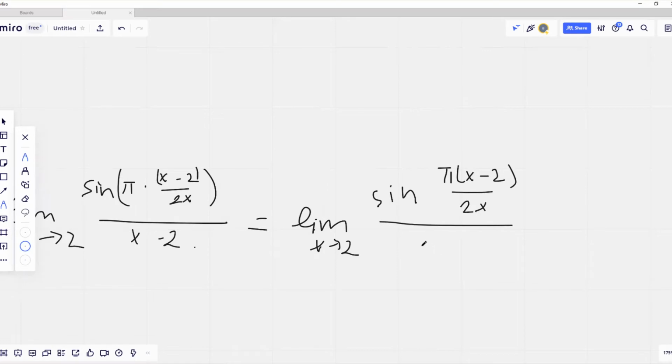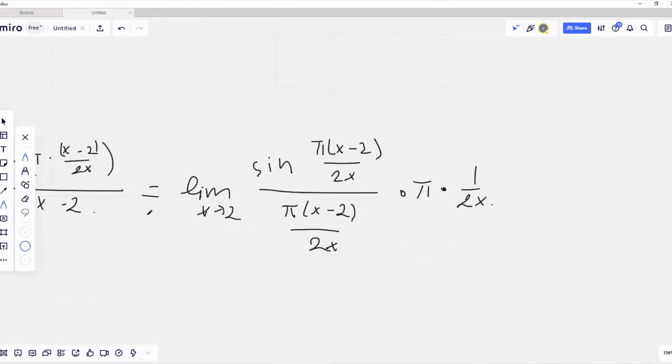So I need the same term in the denominator. So we will artificially multiply and divide by pi. Then we are also going to multiply and divide by 2x. So multiplied by 1 over 2x.